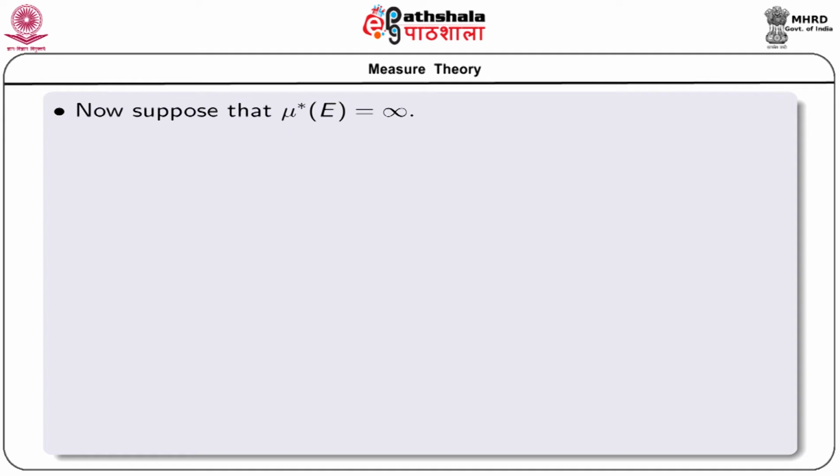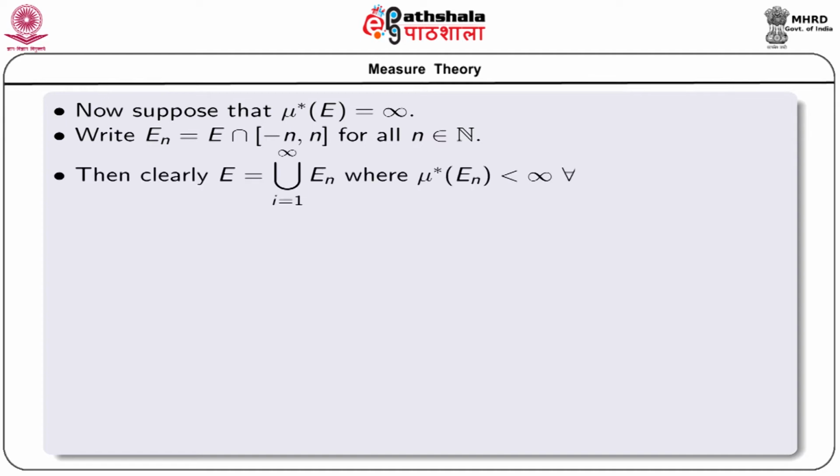Now, suppose that E is a set whose outer measure is infinity. Write E n as E intersection [minus n, n] for all n belonging to capital N. See that though E should be unbounded, each E n is a bounded set which is contained in the interval minus n to n, and so mu star E n should be finite.